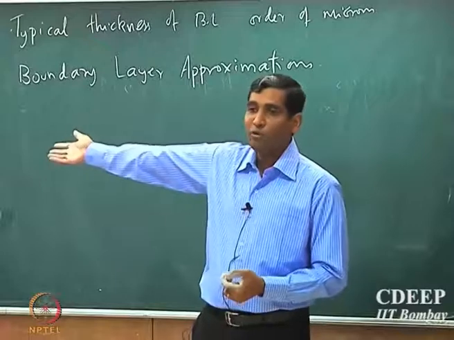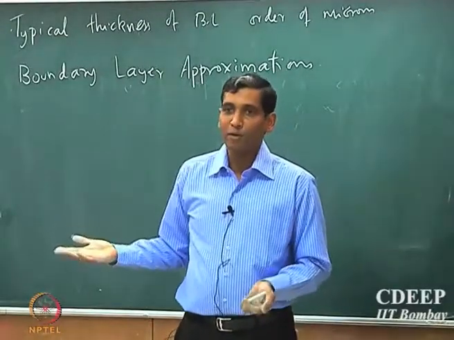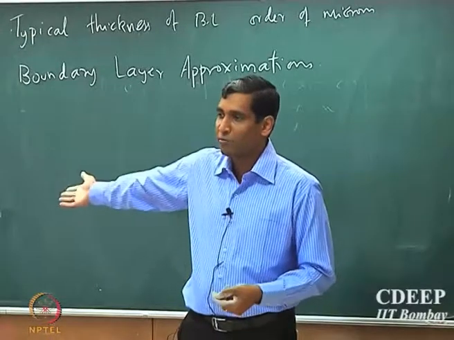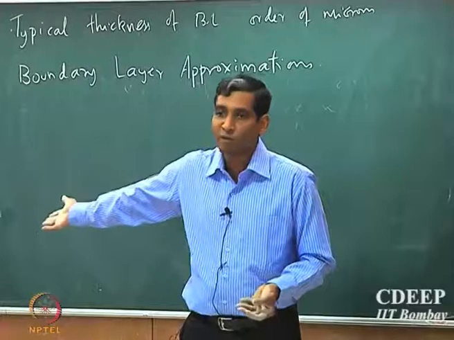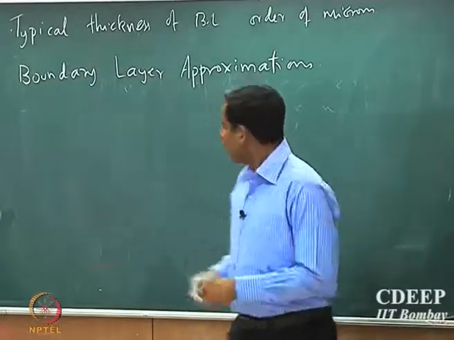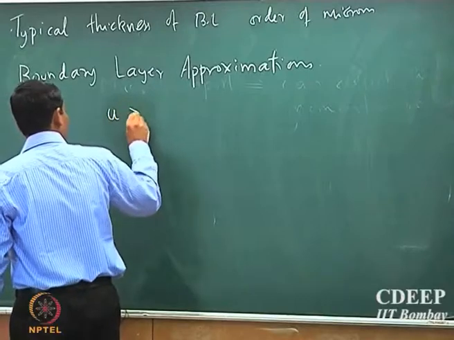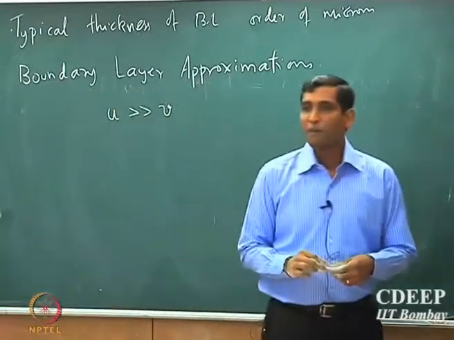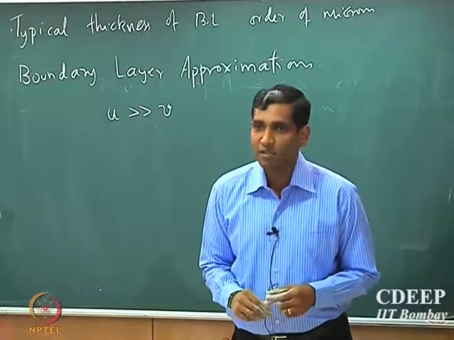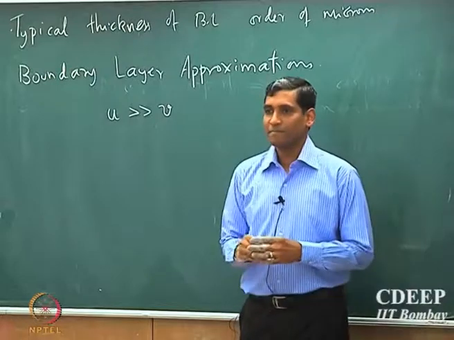One could actually go and solve all this numerically. No one stops anyone from doing that. But you don't get any major insight by simply going and brute force solving them. Okay. So we can introduce boundary layer approximations, and the first approximation is that the x component velocity is much larger than the y component velocity. Now why is this justified?